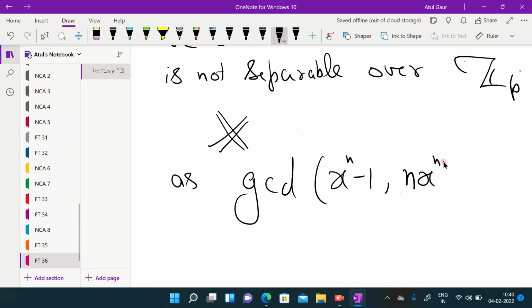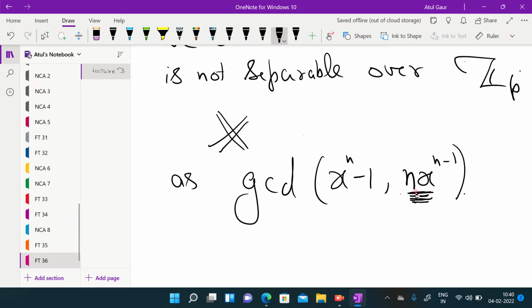The derivative is n x^(n minus 1). So the point is, as long as this term is non-zero, the GCD will always be 1. When will it become zero?